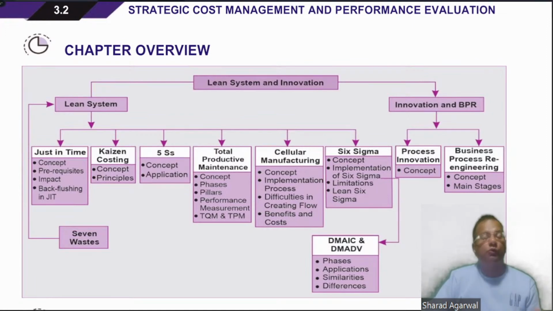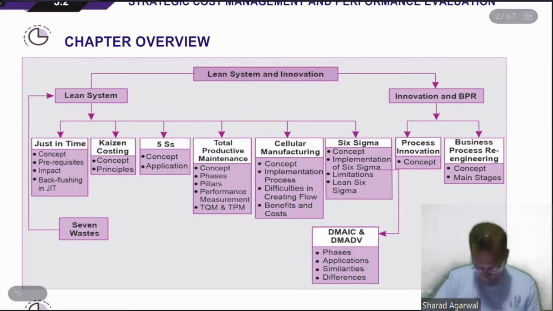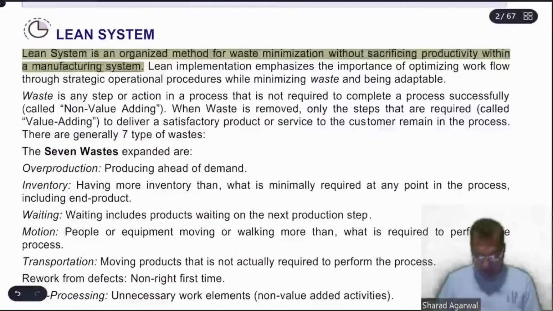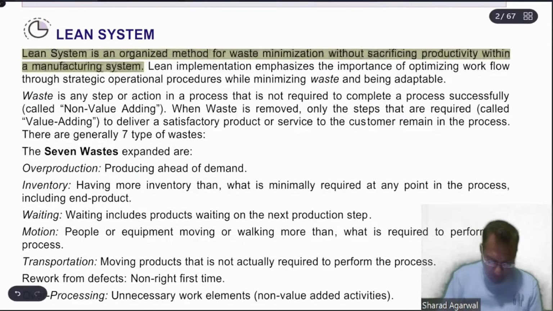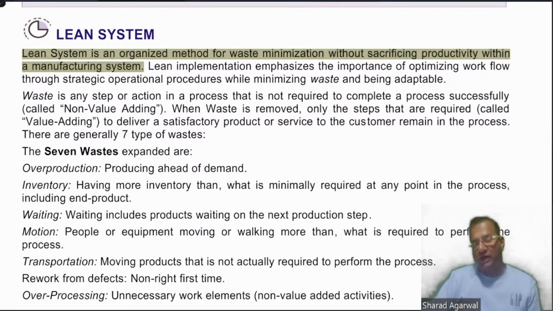Okay, now we will focus on the most important word of this definition, and that is the word waste. So what is waste? It has been given clearly in the study material. Waste is any step or action in a process that is not required to complete a process successfully, commonly called non-value added activity. So they are both synonyms. Whenever you say waste, it is nothing but non-value added activity.